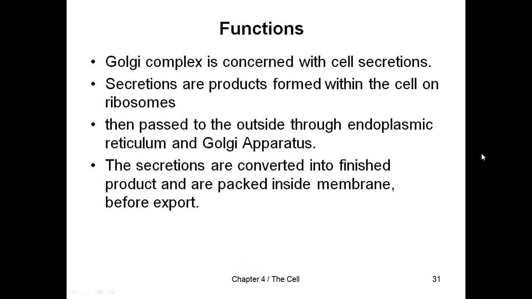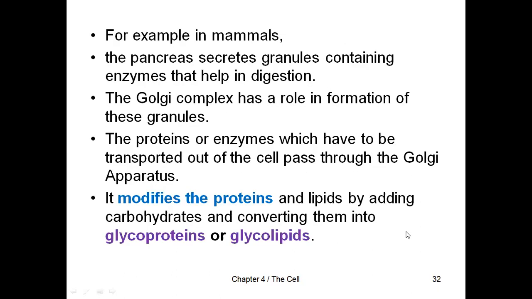Golgi complex is concerned with cell secretions. Secretions are products formed within the cell on the ribosomes, then pass to the outside through the endoplasmic reticulum and the Golgi apparatus. The secretions are converted into finished product and are packed inside the membrane before exporting out.